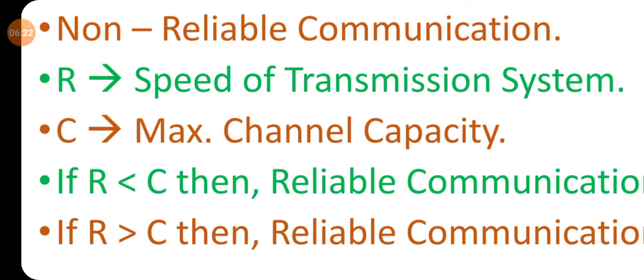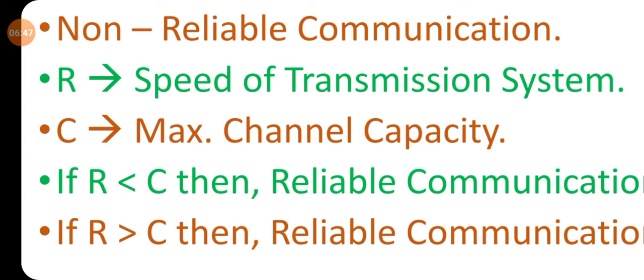Now concentrate on the next two terms, that are R and C. Here R represents the speed of the transmission system, and C represents the maximum channel capacity. Speed means it is the maximum limit of any channel, and C means maximum channel capacity.